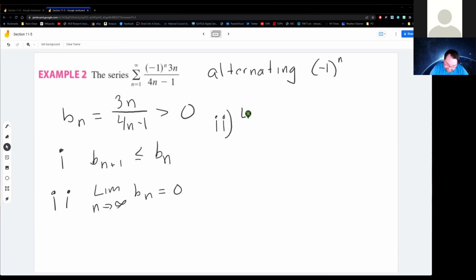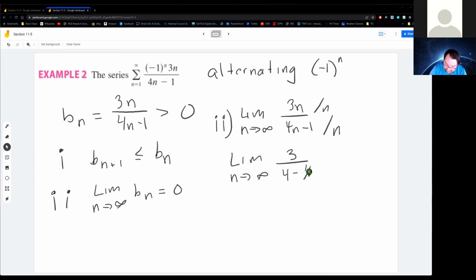I'm going to look at the limit as n goes to infinity of 3n over 4n minus 1. To do this one, I'm going to divide everything by n. So I get 3 over 4 minus 1 over n, which equals 3/4. That does not equal 0.